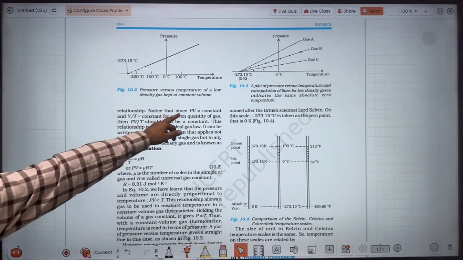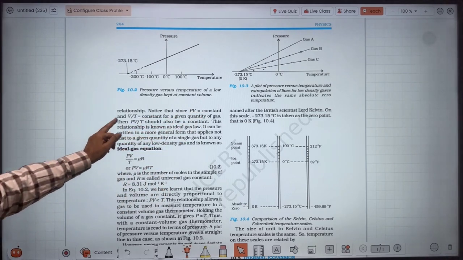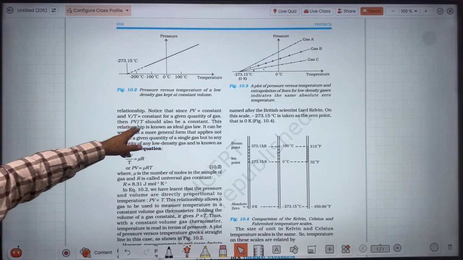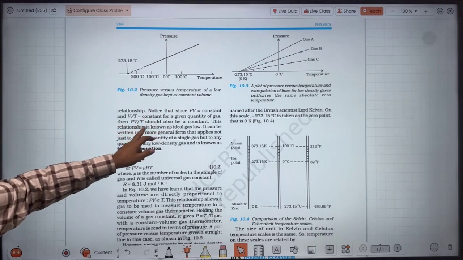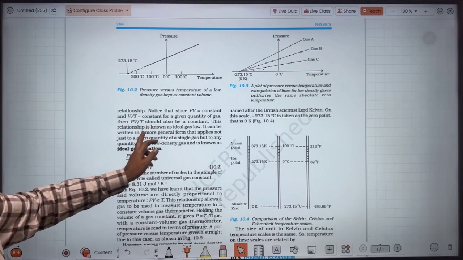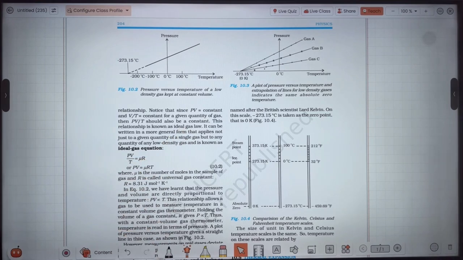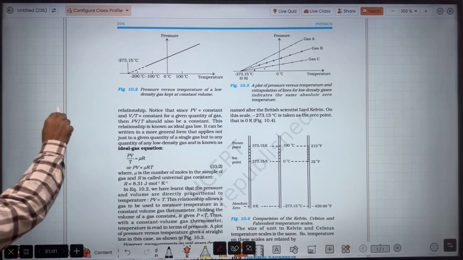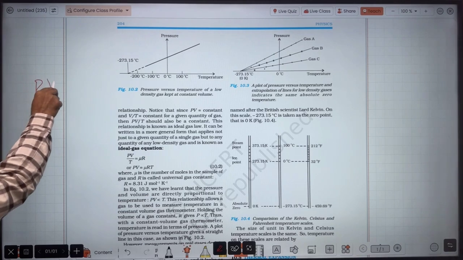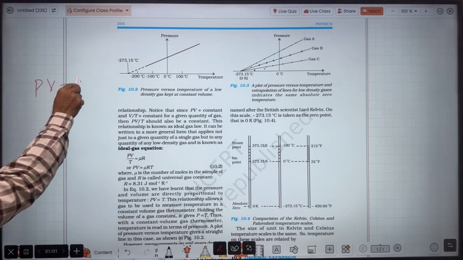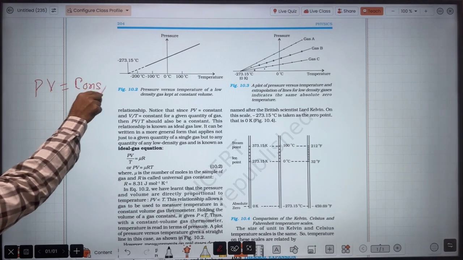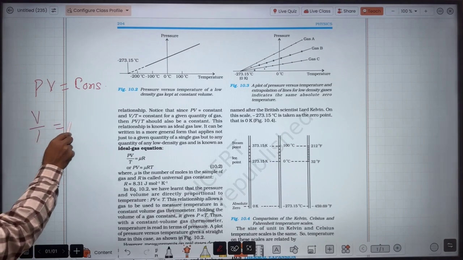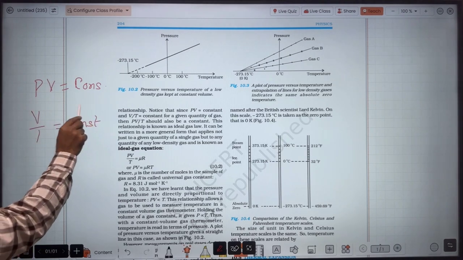Here, notice that since PV equal to constant we have seen and V upon T equal to constant we have also seen, then if we combine the two, PV upon T should also be constant. This relationship is known as the ideal gas law. Understood? Two laws are being combined here. The first one was PV equal to constant, and the second law was V upon T equal to constant, right?